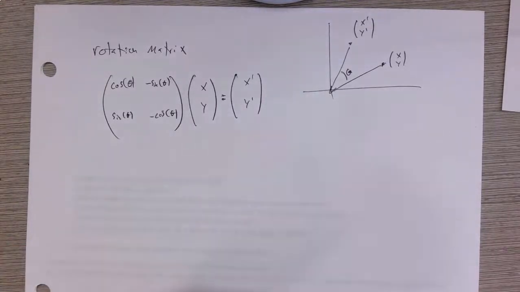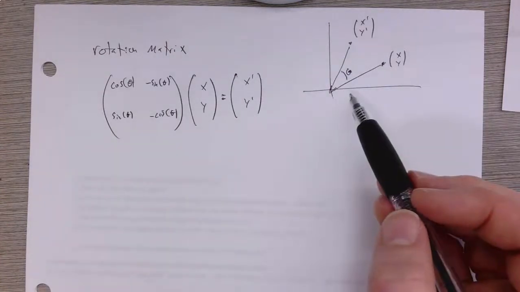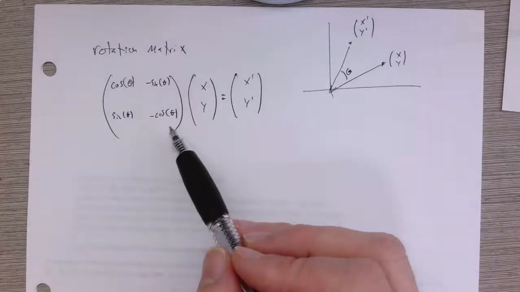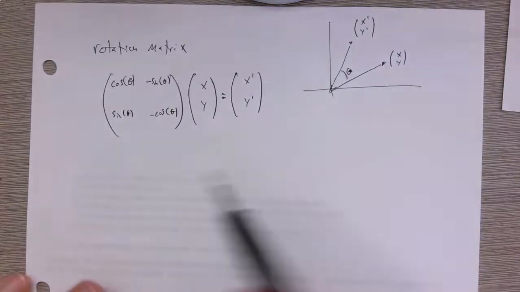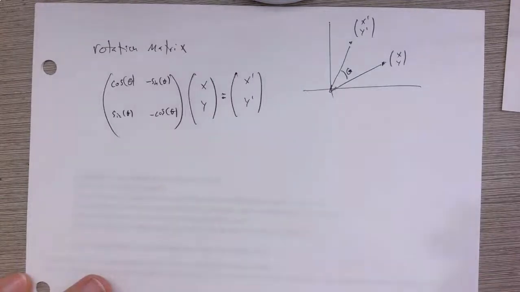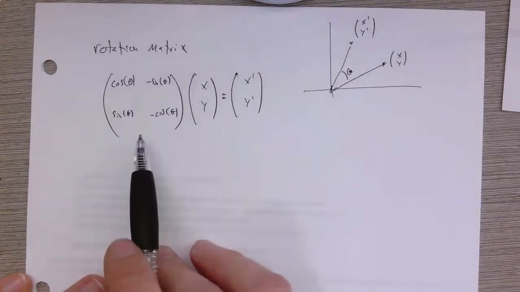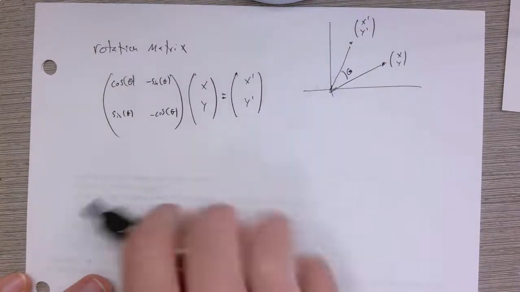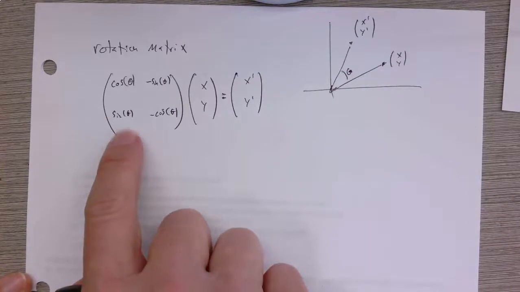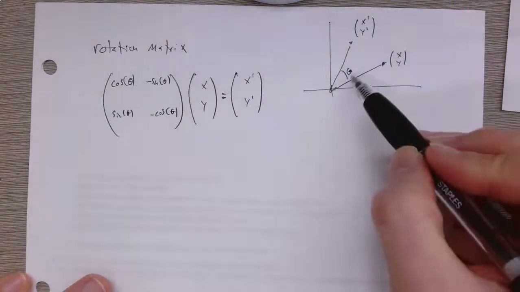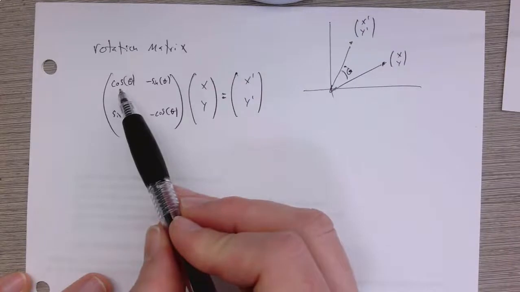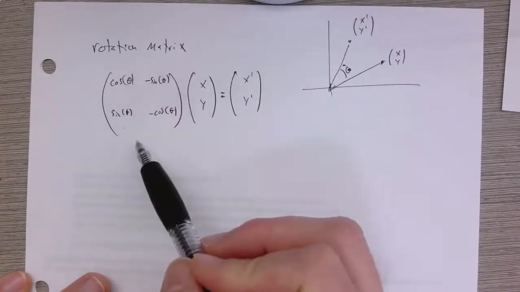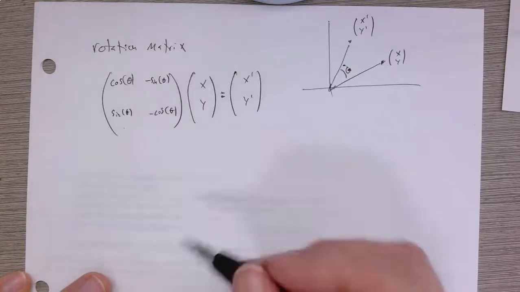This problem works out very nicely in terms of taking a vector and multiplying it by a matrix that represents a certain type of transformation, in this particular case, a rotation. This is the formula for a matrix that corresponds to a counterclockwise rotation through an angle of theta. What's nice about this is when you know what angle you want to rotate through, you can figure out what number each of these is, and then you never have to calculate them again. You've just got a matrix with some fixed values.